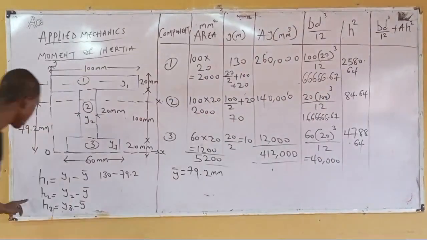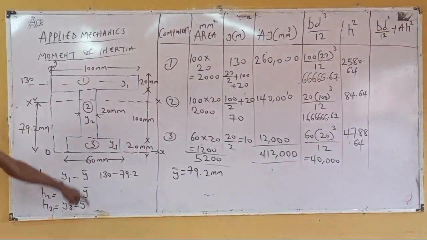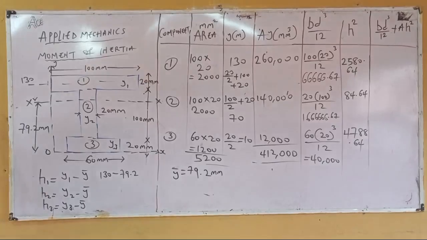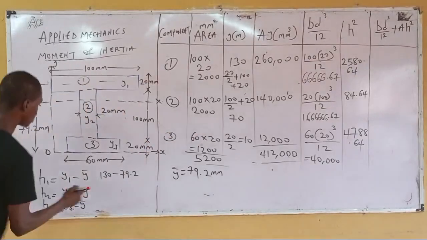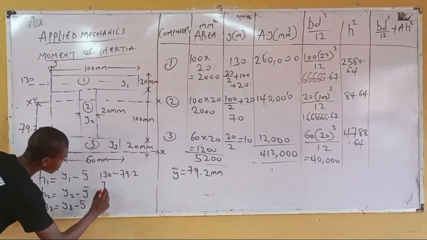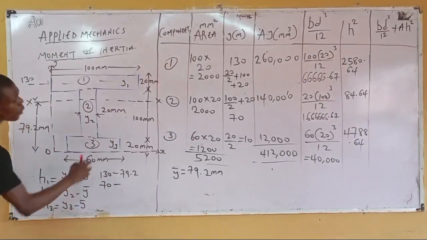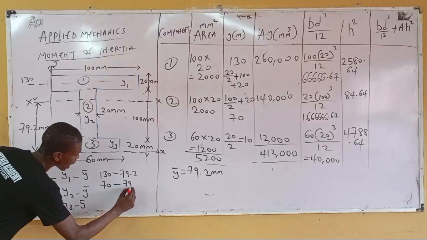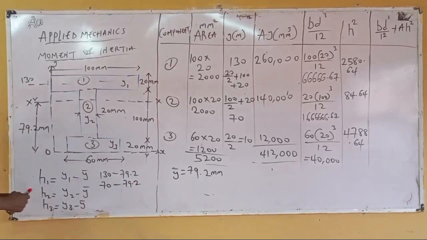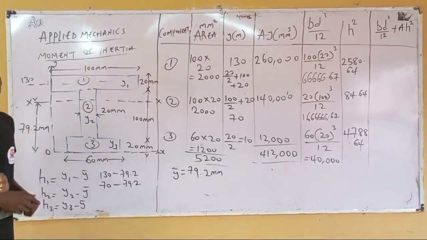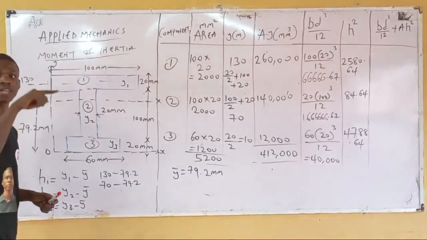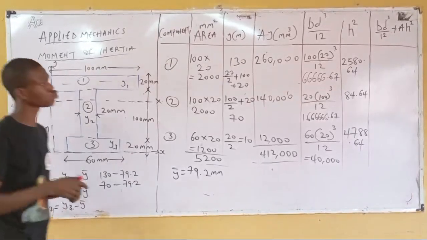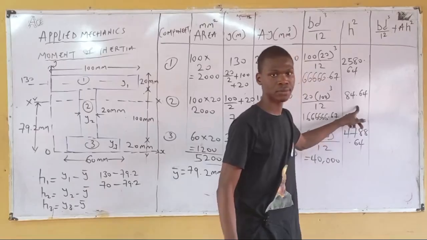Same thing, H2, Y2 minus Y bar. What's your Y2? Check here. Oh yeah, 70 minus your Y bar, 79.2. What's the difference? Negative 9.2. By the time you square it, negative 9.2 times negative 9.2, this is what you get.